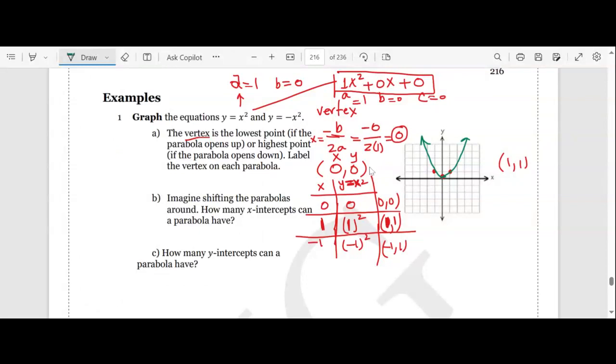And what is your vertex point? This is your vertex. Clear? Yes, we finished with the first one. Now we'll go to the second one.